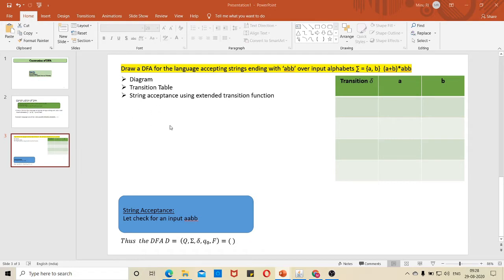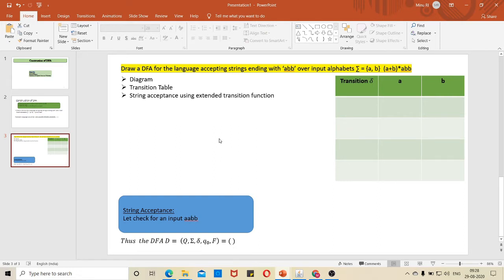You can take an example string, say ABB, and derive the extended transition function. And at the end, with respect to the formal definition of DFA, I will also explain how to write the formal definition of your constructed DFA.